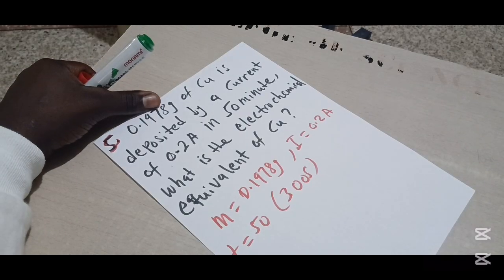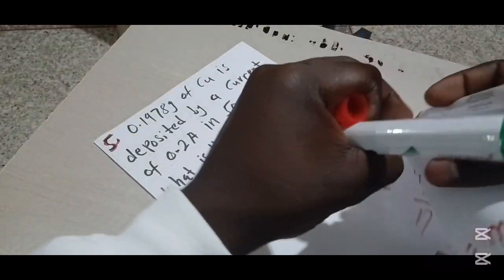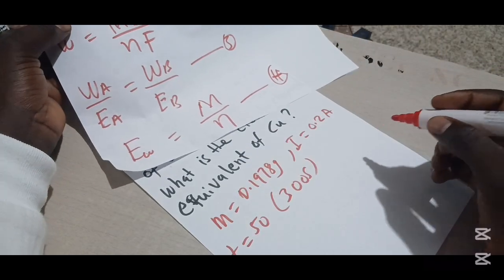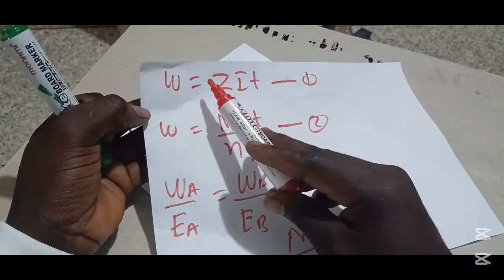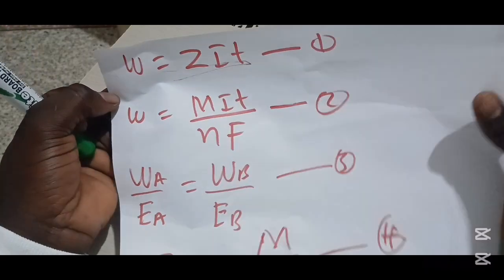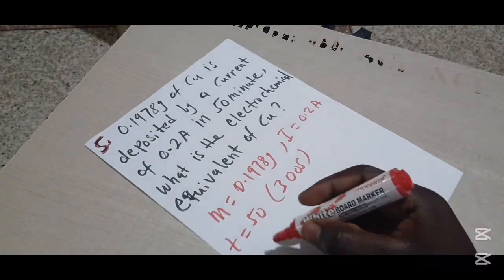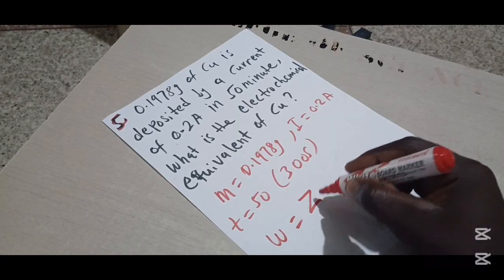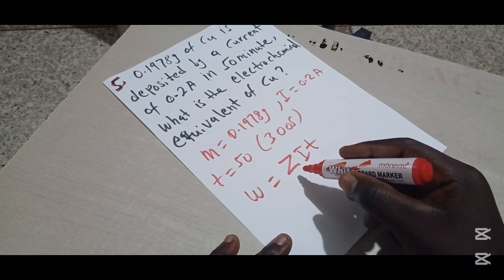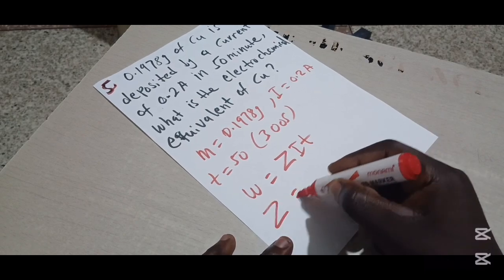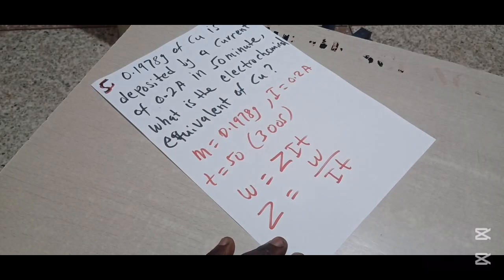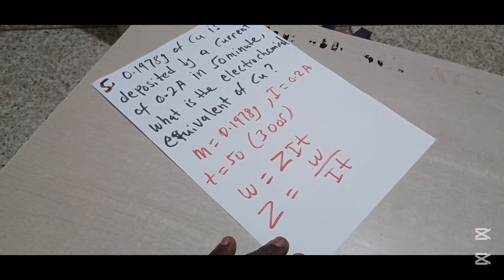From our first derived equation, we know that our weight equals electrochemical equivalent by current by time. So this formula is what we are going to use. This relates our electrochemical equivalents. So we know our W to be equal to Z I t, and we want our electrochemical equivalent. We just make that the subject and go ahead and substitute the values in.